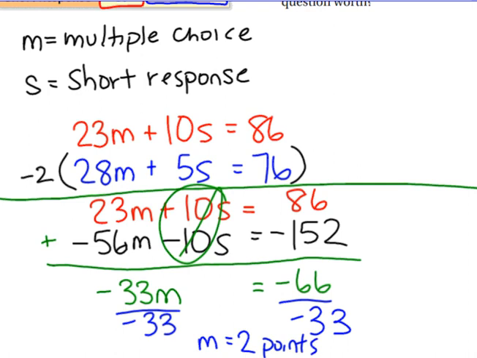All right, if multiple choice is worth 2 points, I can take one of the original equations. So let's maybe stick with the one in blue. So 28m plus 5s equals 76. So m is equal to 2 points.